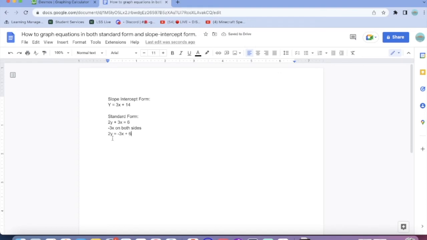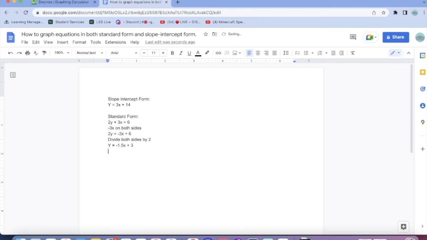And since we just want to isolate a single y, we'll divide both sides by 2. So that gives us y equals negative 3 over 2 x, or really that's just negative 1.5x plus 3, since both the constant and the variable term are going to be divided by 2.